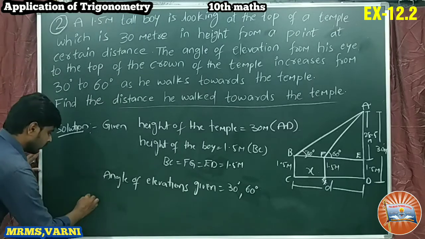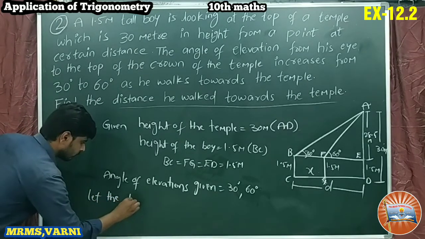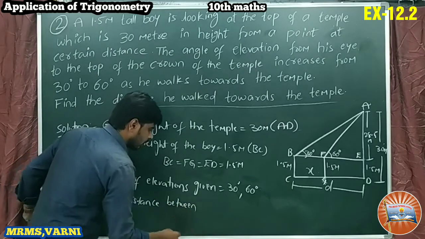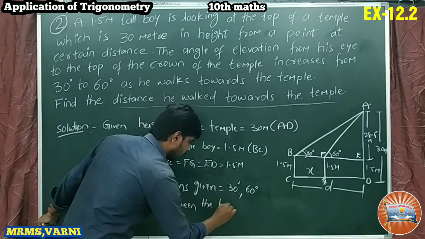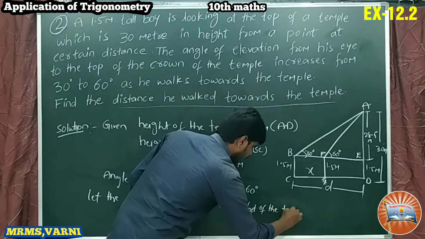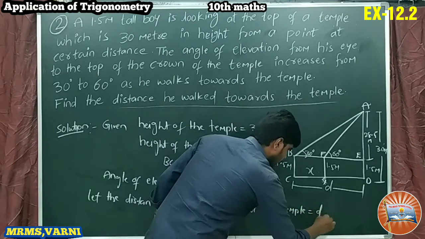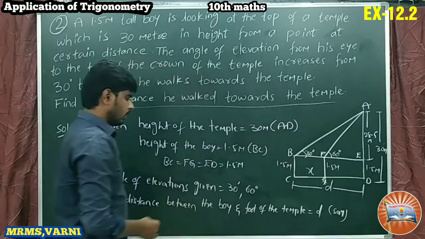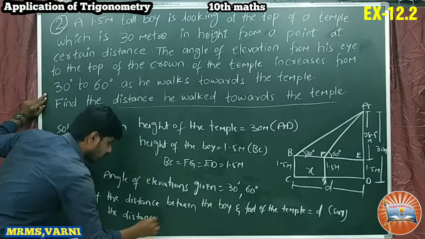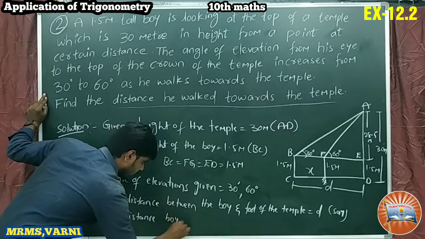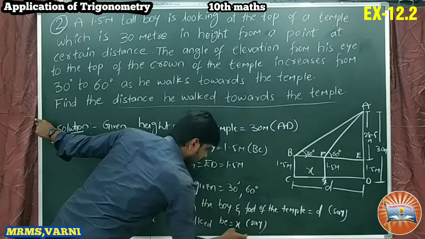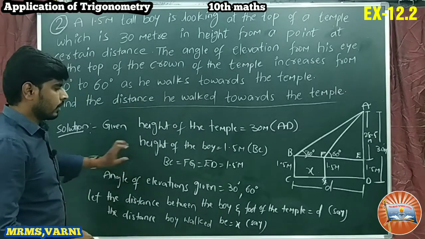Let the distance between the boy and the foot of the temple be D, and the distance the boy walked be X. So we have to find the X value finally. This is the given information, right?